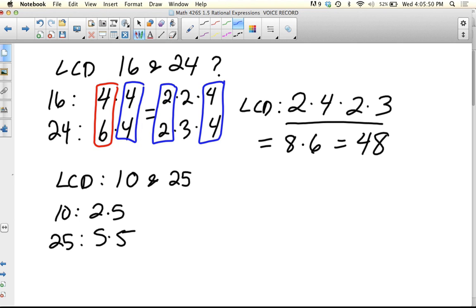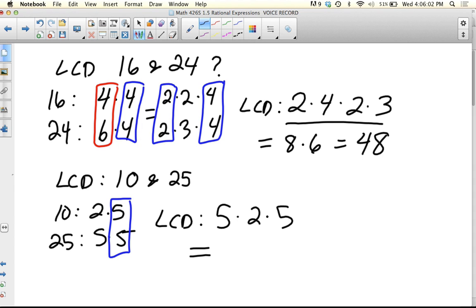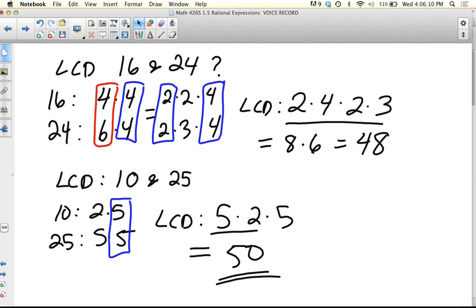Right? We have common factors of 5. So my lowest common denominator, take 1 from that group, which is 5, put on everything else. 2 times 5, you get 10, times 5, which is 50. Okay, so 50 is your lowest common denominator.